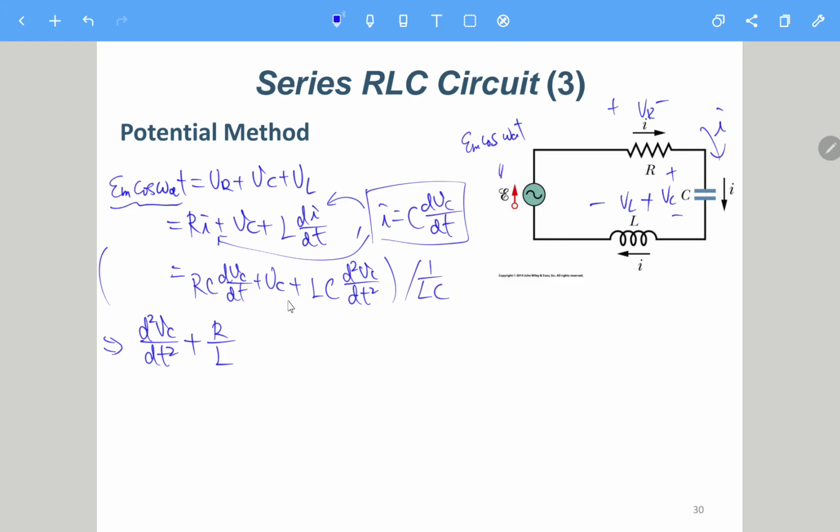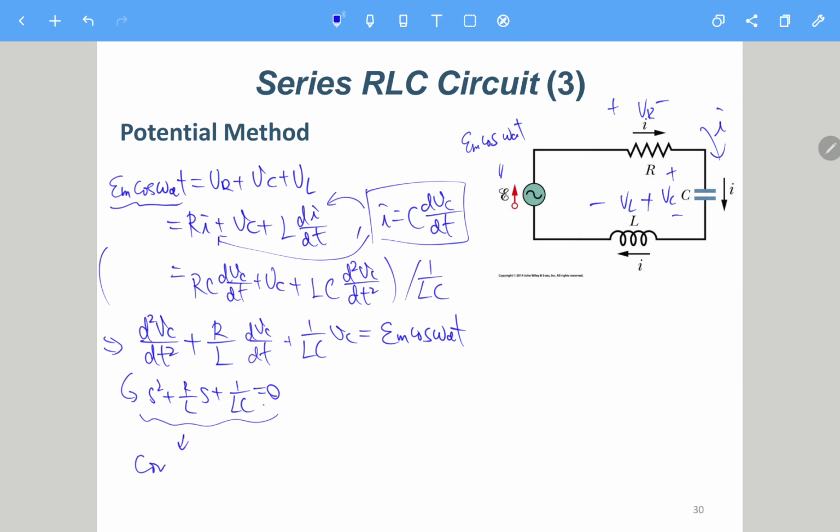So it becomes R over L times dVc dt, plus 1 over LC times Vc, equals Em cosine of omega d t. The idea is we need to solve for the complementary solution, S squared plus R over L S plus 1 over LC. But actually we don't really care about it.